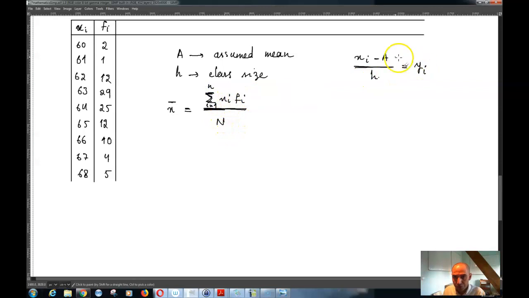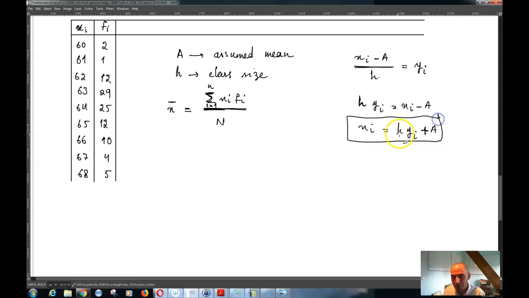So if I make some changes to rearrange this formula, I will get h times y of i is equal to x of i minus A, or I can say that x of i is equal to h times y of i plus A. So this becomes my x of i in terms of y of i.